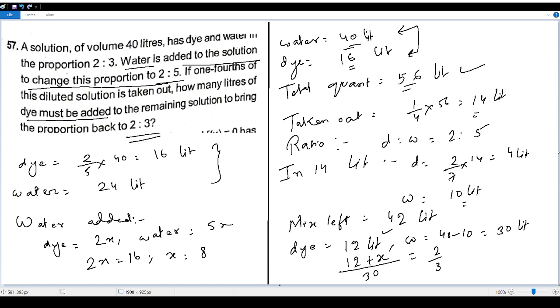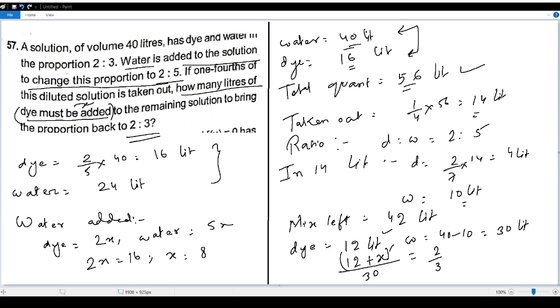So as to bring the proportion back to 2 is to 3, you see how many liters of dye must be added. So this dye amount I have taken as x, and so the total amount of dye becomes 12 plus x, divided by the water amount, which is 30, equal to 2 by 3.